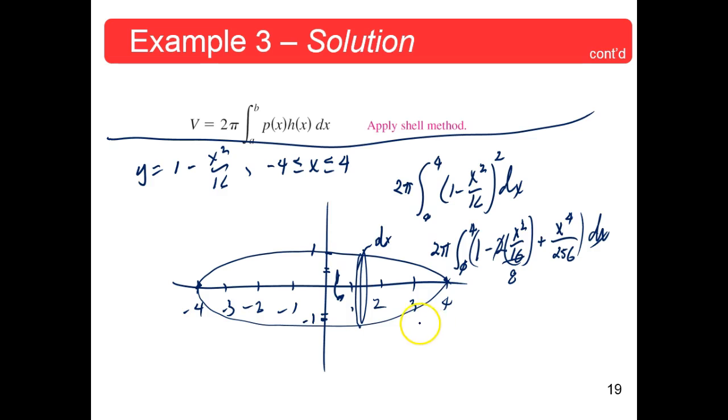Okay, yeah, the numbers are getting sort of big and ugly. But 2 pi, I think we can still do the integration.